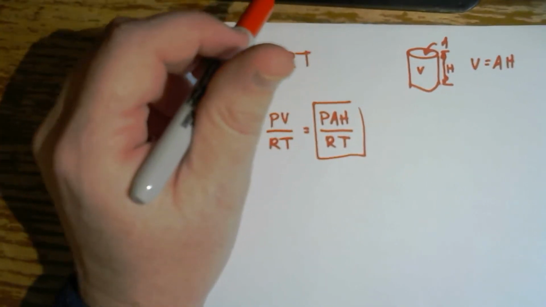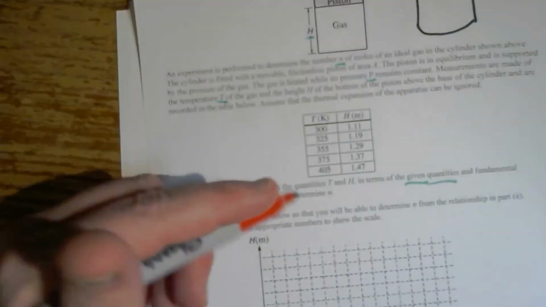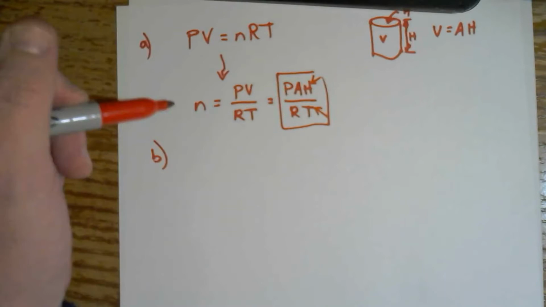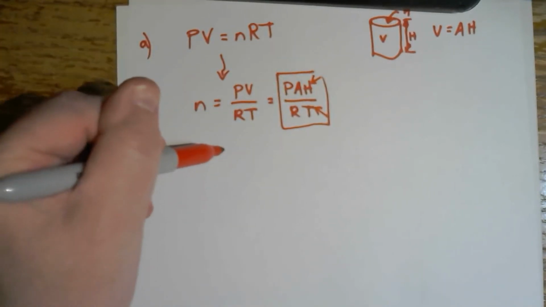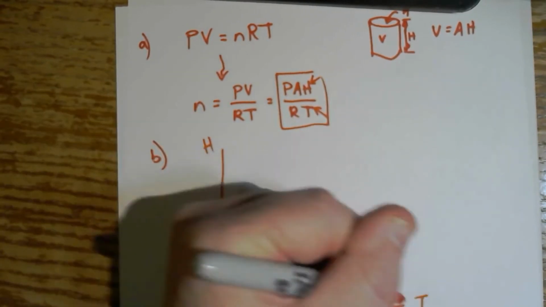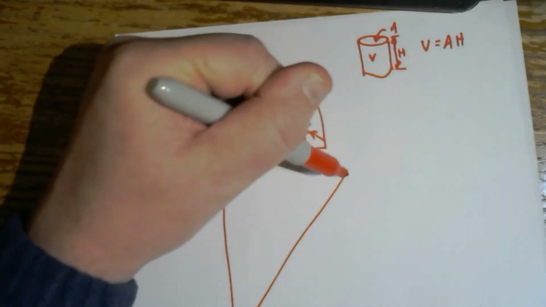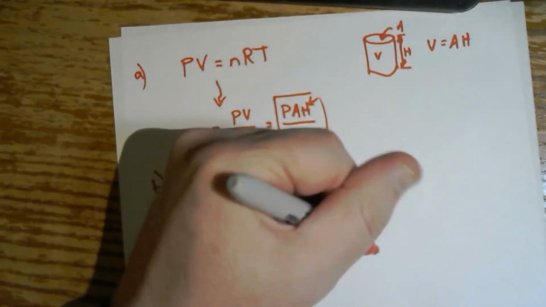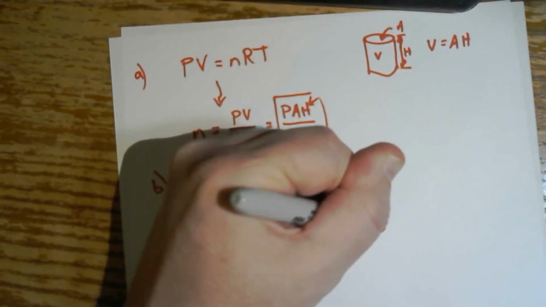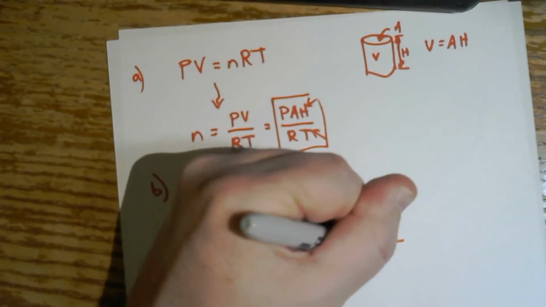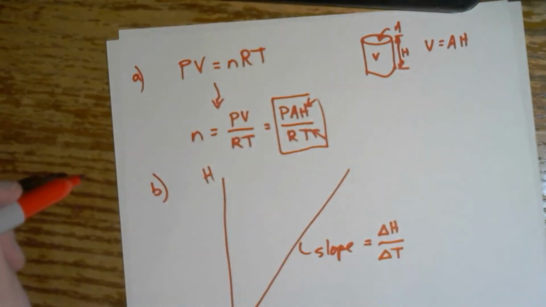If you look at your graph, they give you a graph of height and temperature. Well, look at your equation. I've got height right here and temperature right here. The graph is already set up for you, clueing you in to ask what the slope of this line will tell you. The slope of that line will be the rise, the change in height, over the run, the change in temperature.